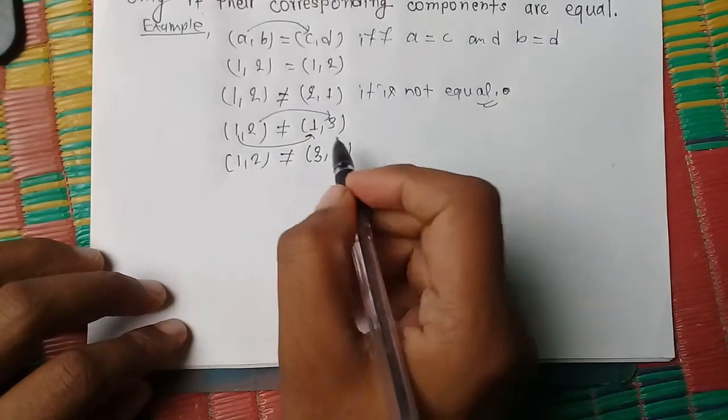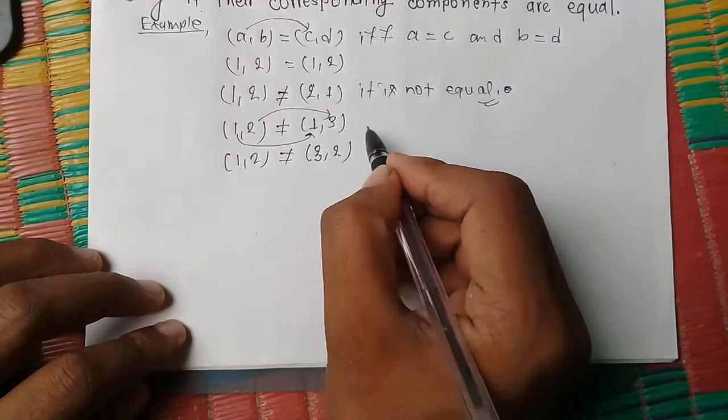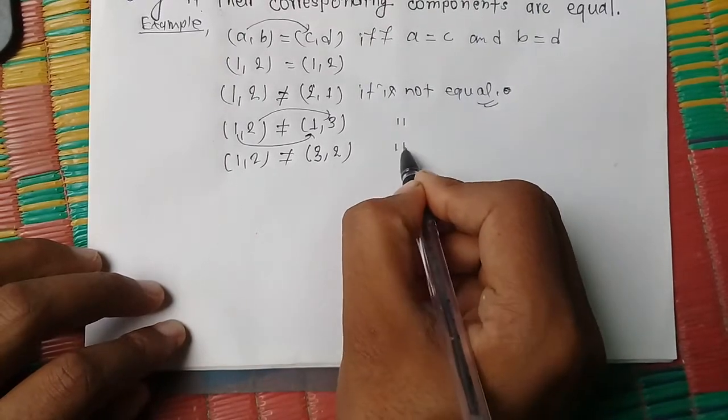So if one of the components is unequal, then it is an unequal ordered pair.